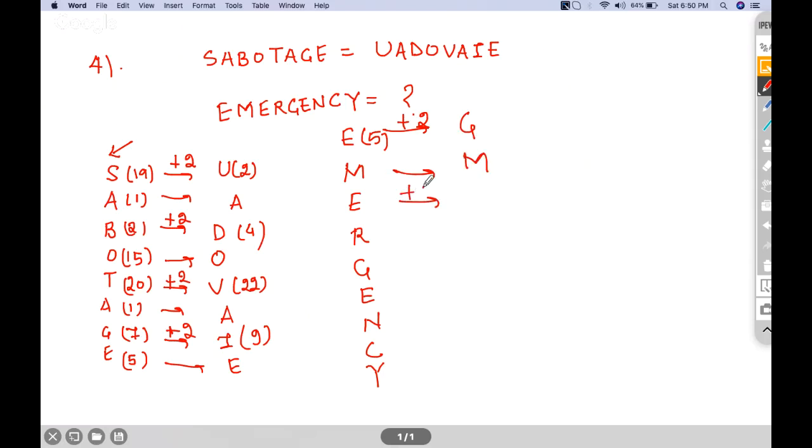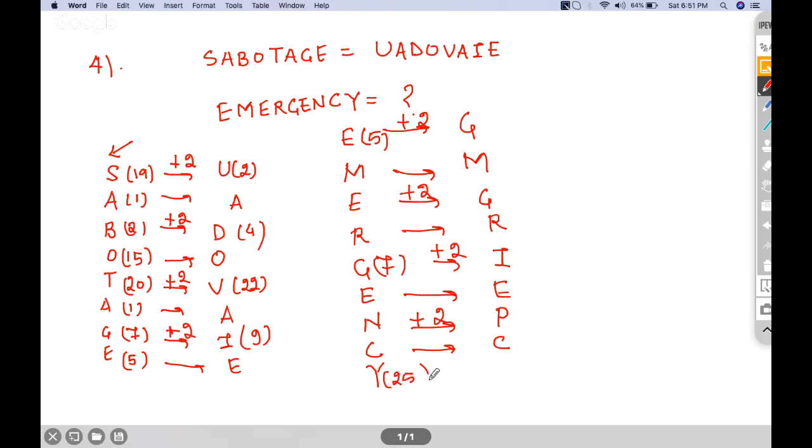E again plus 2 becomes G. R remains R. G is 7, so 7 plus 2 is 9, so this becomes I. E remains E. N is 14, so plus 2 is P. Then C remains C. Then Y is 25, and 25 plus 2 is 27.